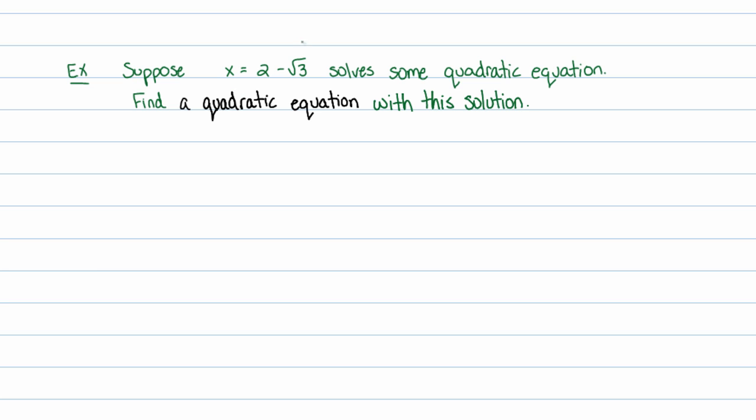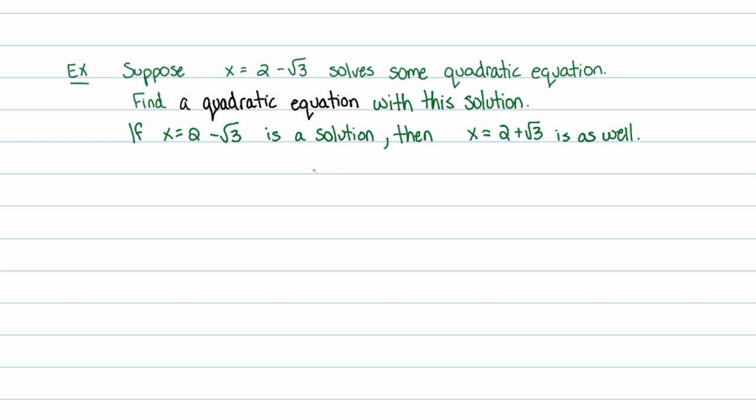Well, I know that if x equals 2 minus the square root of 3 is a solution, then x equals 2 plus the square root of 3 is as well. Now here we go.